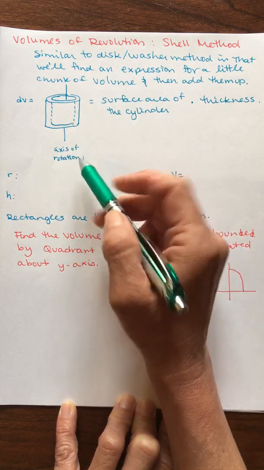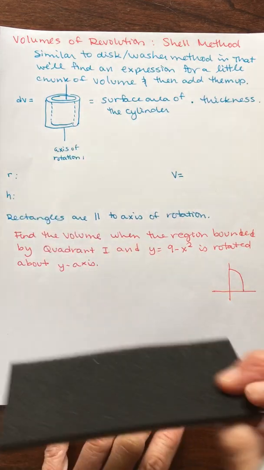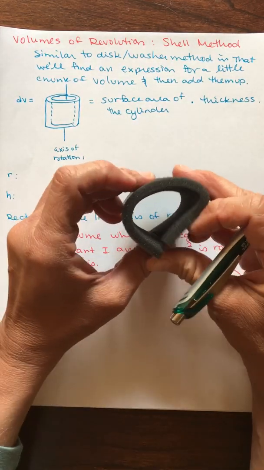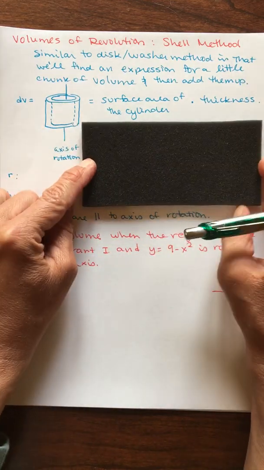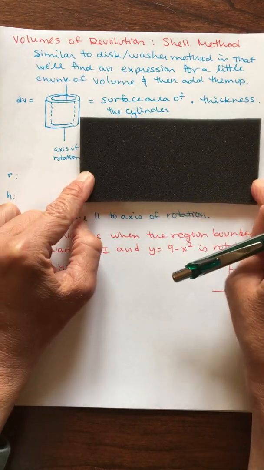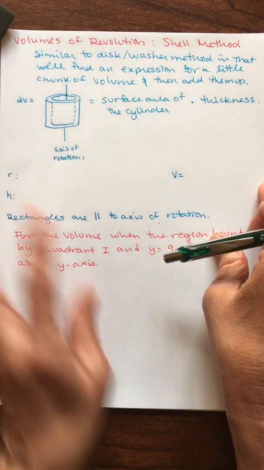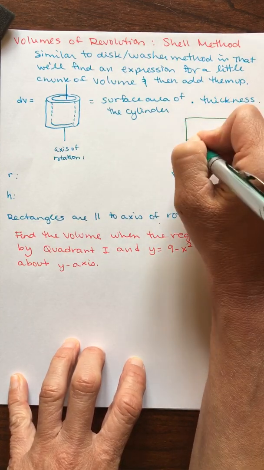The way that you do that is you imagine taking a cylinder and cutting it down. Here I've got a little visual. So I have a cylinder, and then we cut it down a side and we lay it flat. It turns out that the surface area is the same as the area of a rectangle, which is very handy. So we need the area of a rectangle.